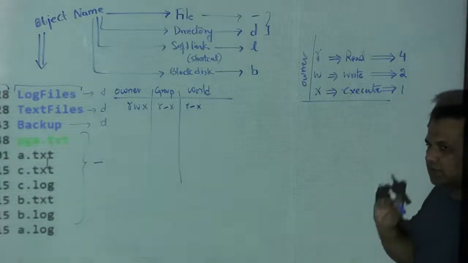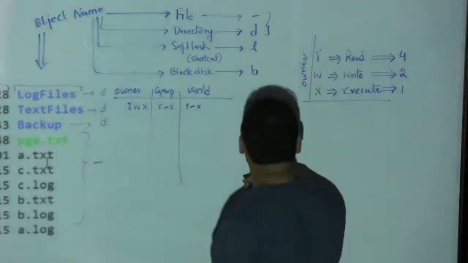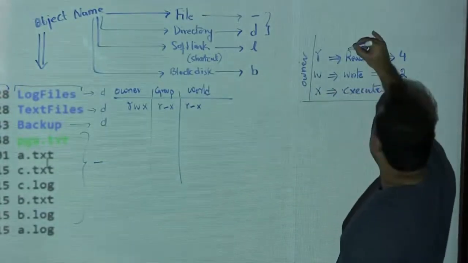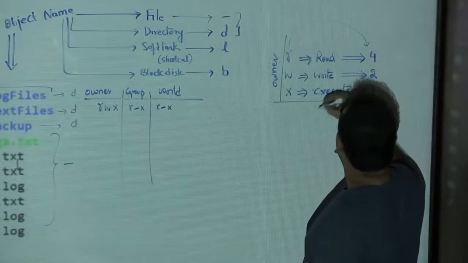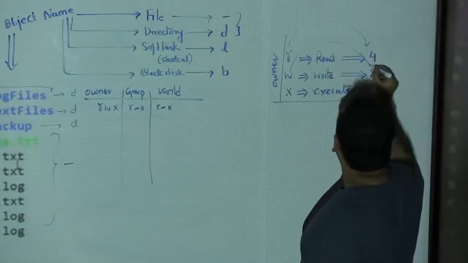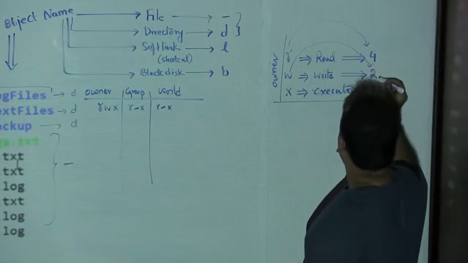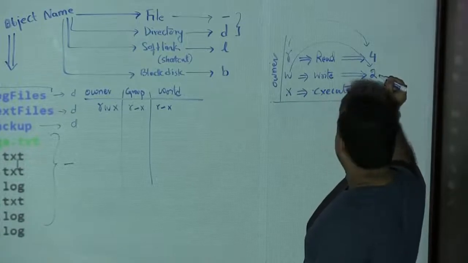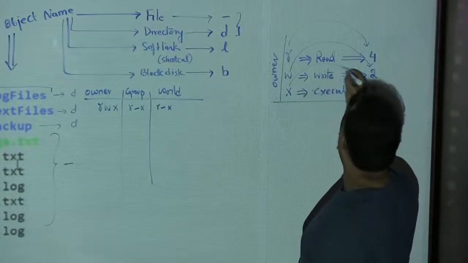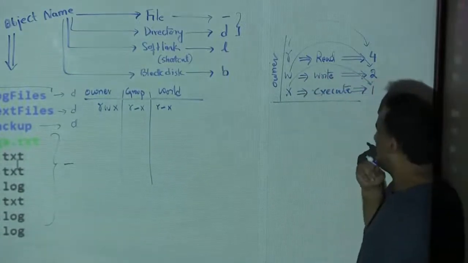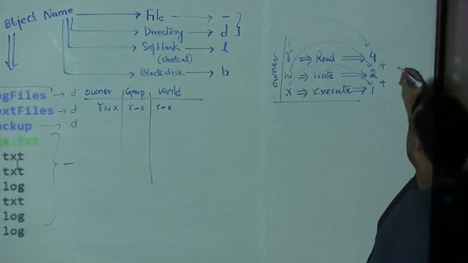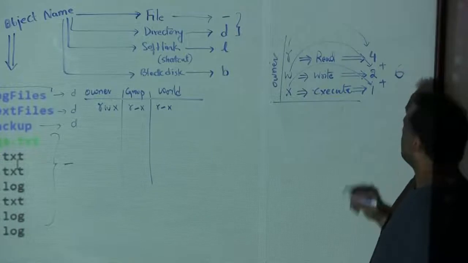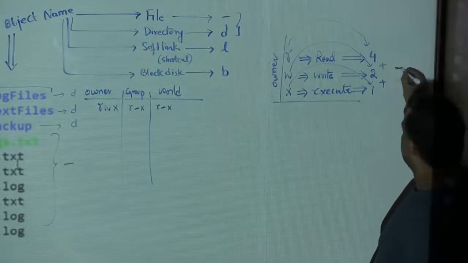I'm going to give you more examples later on. But let's just say everywhere you are seeing R, that is 4. Everywhere you are seeing W, you are giving 2. And everywhere you are seeing X, that means executable. Now if you add all of these together, you are going to get the number 7.